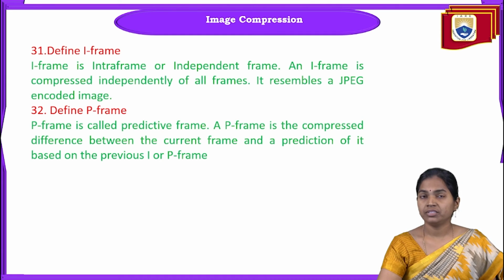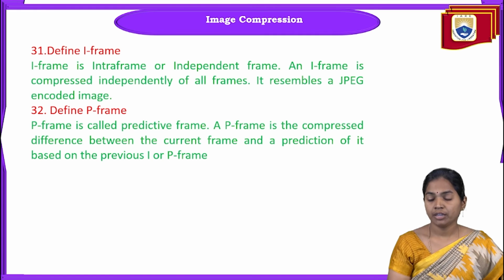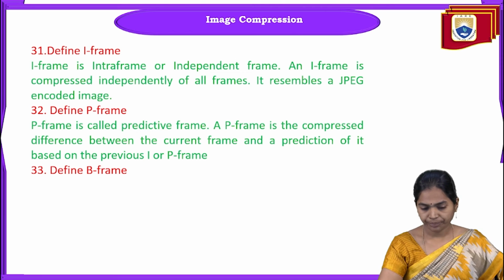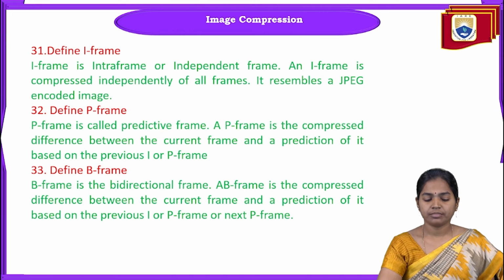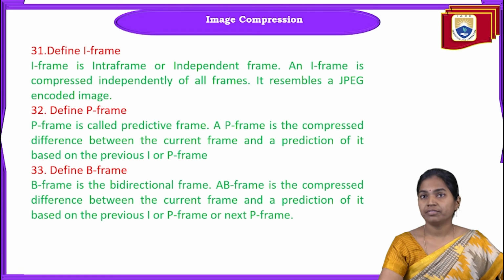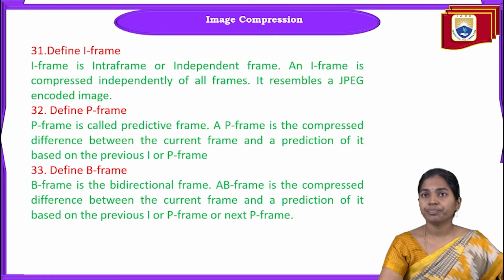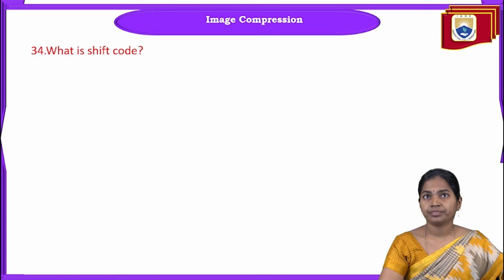A P-frame is the compressed difference between the current frame and a prediction of it based on the previous I or P frame. What is B-frame? B-frame is the bidirectional frame, and a B-frame is the compressed difference between the current frame and a prediction of it based on the previous I or P frame or the next P frame.